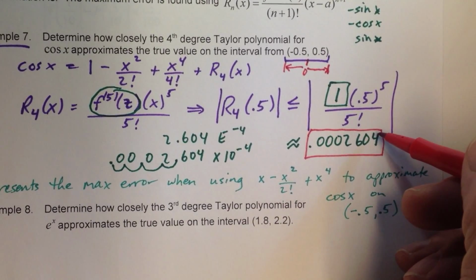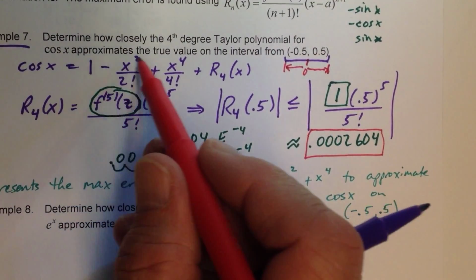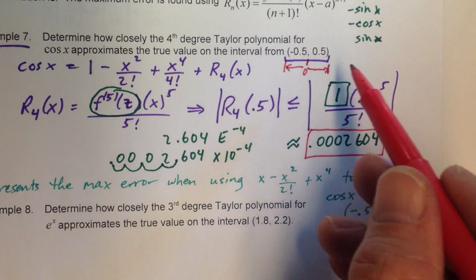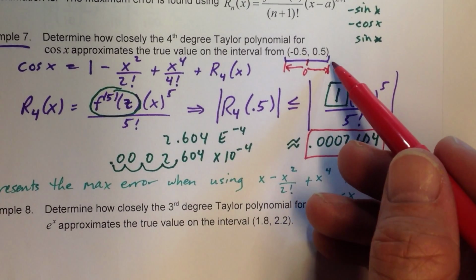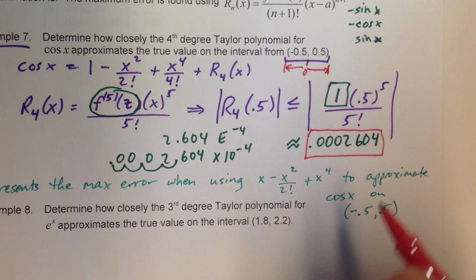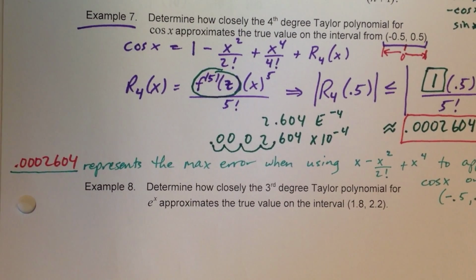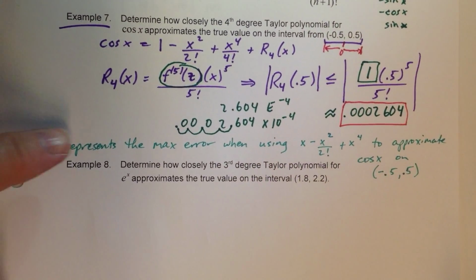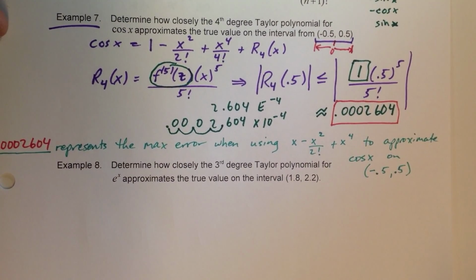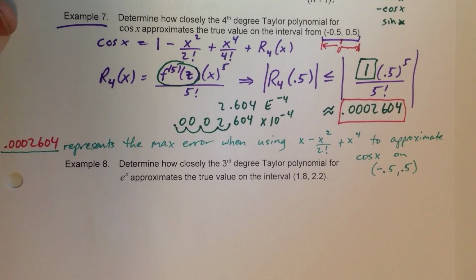But again, we wanted the maximum error, how closely the fourth degree polynomial for cosine approximates the true value on the interval. If we go as far away as we can from 0, then we get our maximum error. And again, make sure that you can articulate what I wrote down here, that number represents the max error when using this polynomial to approximate cosine of x on the interval from negative 0.5 to 0.5.